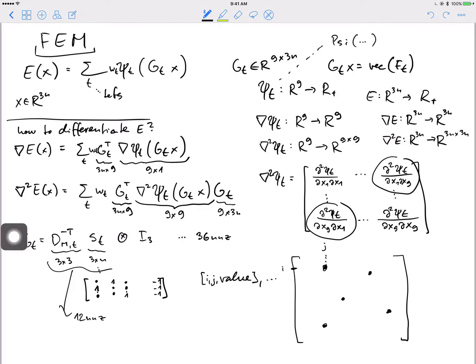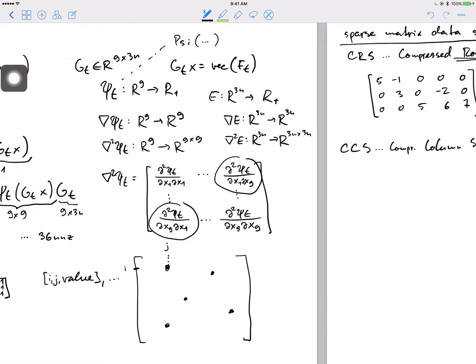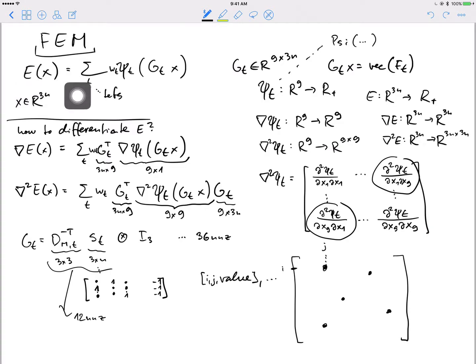So let's see. If I use the default compressed row storage for my GT, is this going to be efficient? And what if I use the compressed column storage instead? Does it even matter? Is there a difference in performance?